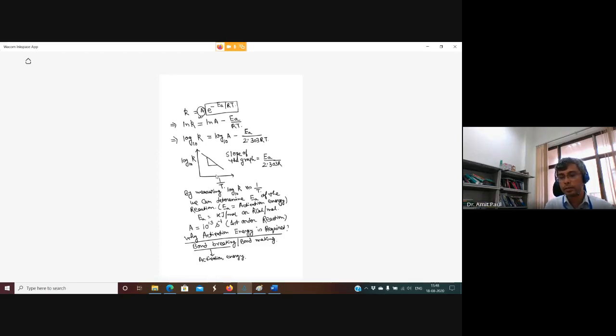If it is a unimolecular reaction, then you also need a certain minimum energy for a certain transformation: molecules require a certain minimum energy to isomerize or decompose. So that is why you also need the activation energy.